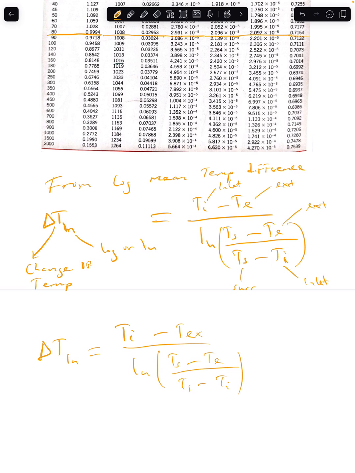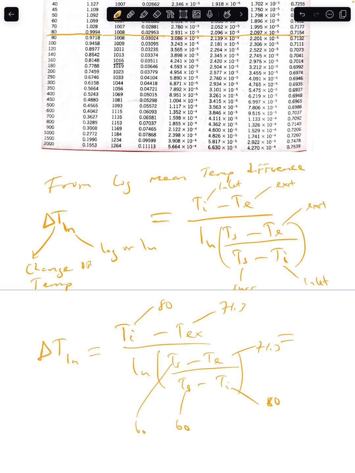So this is equal to 80, minus the 71.3 we calculated, over ln of 60 minus 71.3 over 60 minus 80.